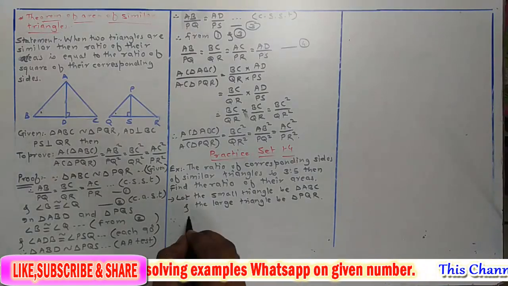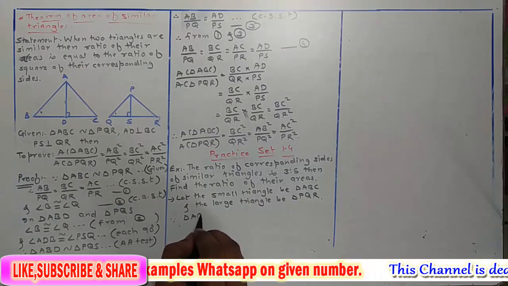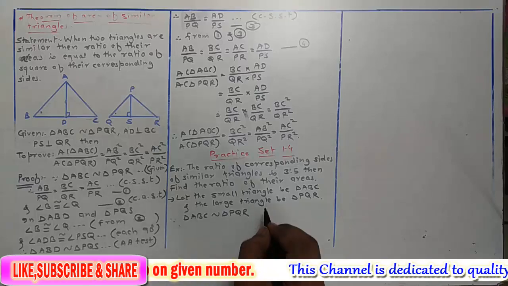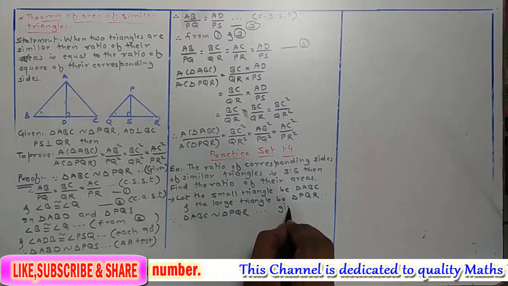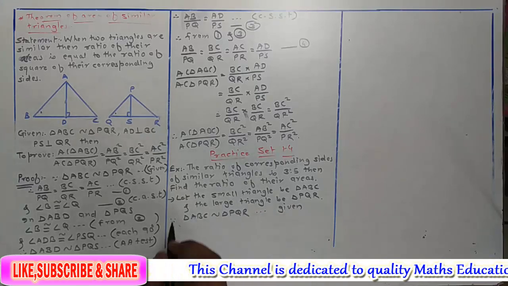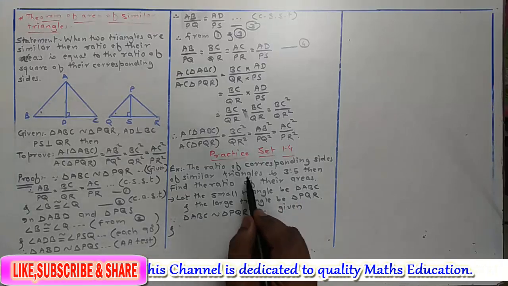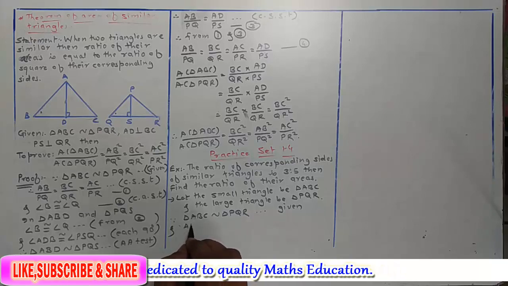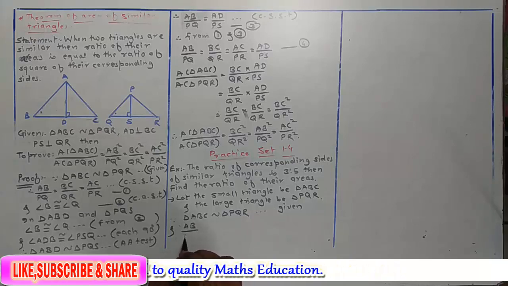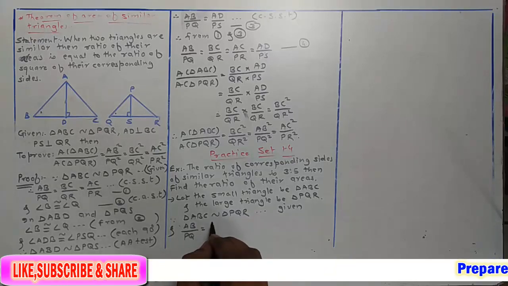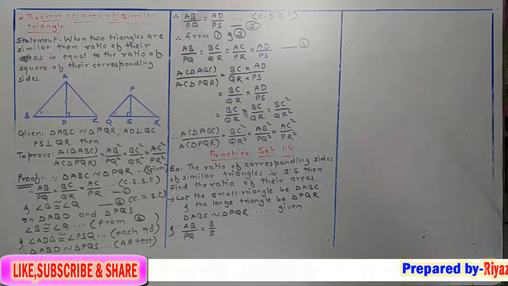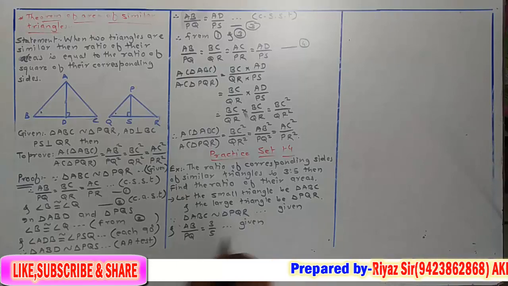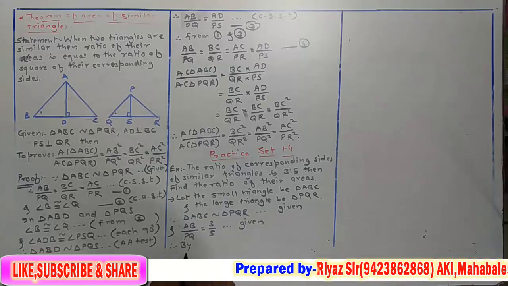Okay, since triangle ABC is similar to triangle PQR, this is given, and also what is given? The ratio of their corresponding sides. The ratio of their corresponding sides means we consider that ratio as AB upon PQ, that is equal to 3/5. This ratio is also given.